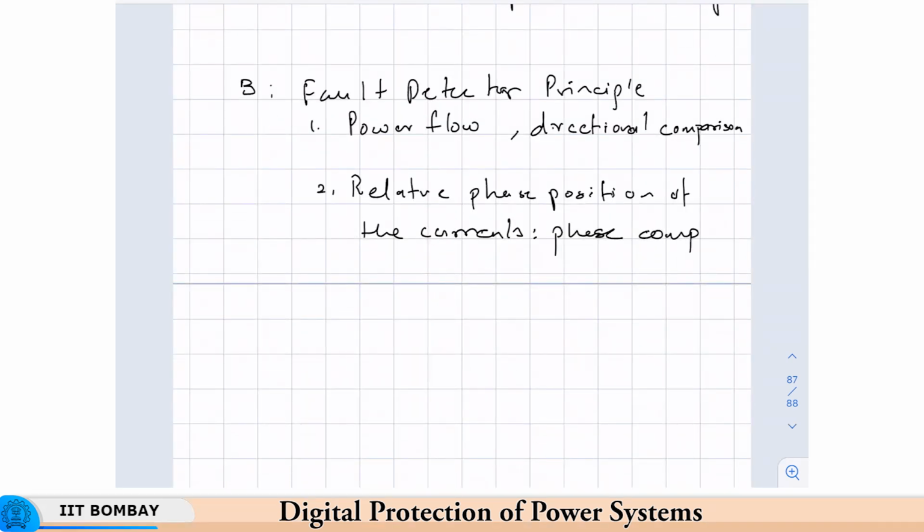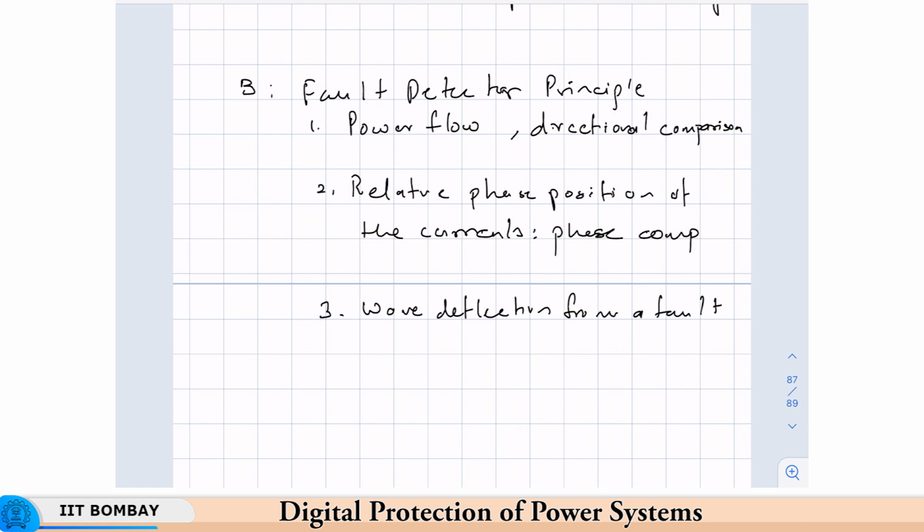And then the third, though we will not discuss that here, is wave deflection from a fault. This is based on the travelling wave principle. We are aware of how travelling waves are set up, and there are a few relays available in the market, very few, which are based on this, and they are very high speed relays.